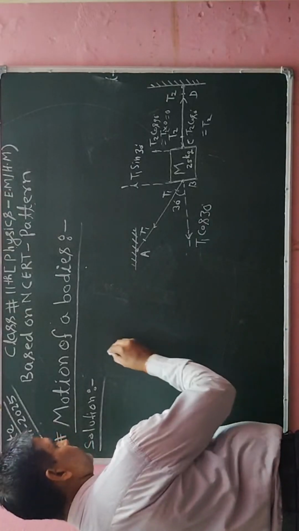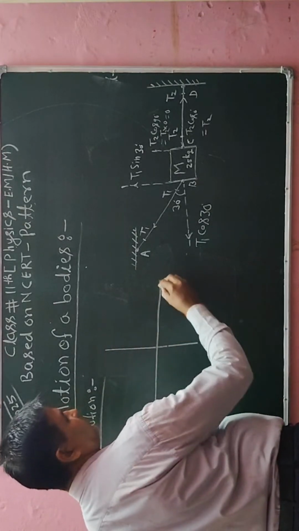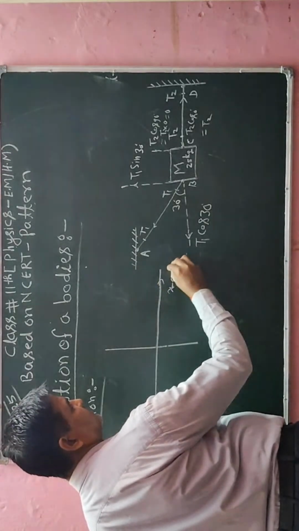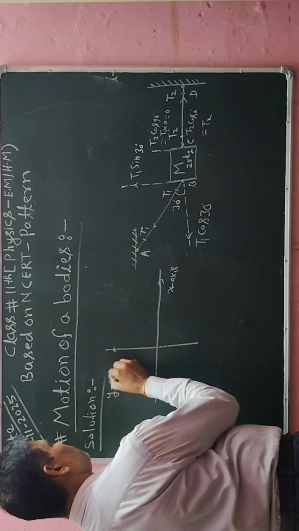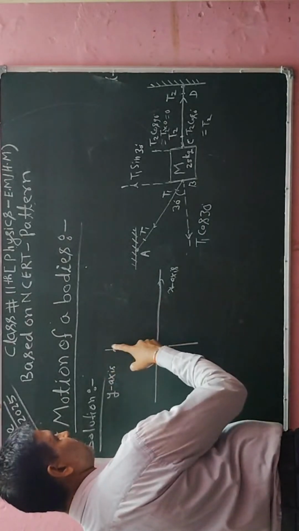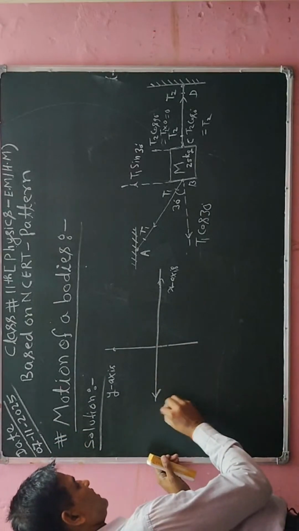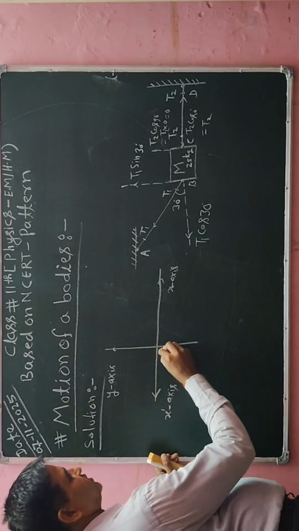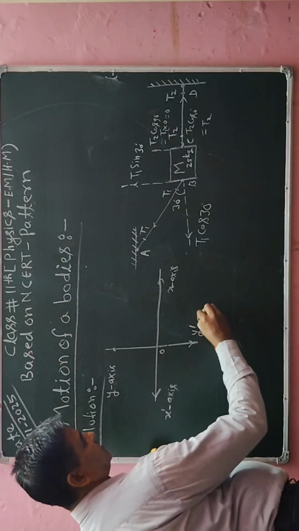Here this is the x axis and this is the y axis. This is the positive x axis, this is the positive y axis, and this will be the negative x axis, so I will write here x dash axis. It means that it is the negative x axis and this is the origin. Similarly, this is the y dash axis.